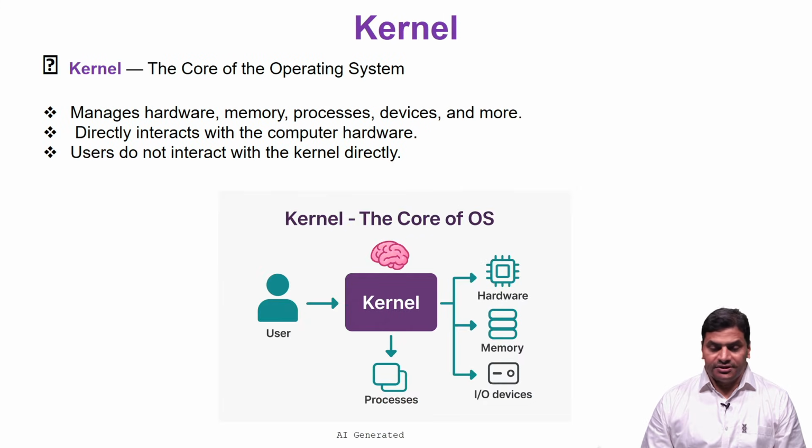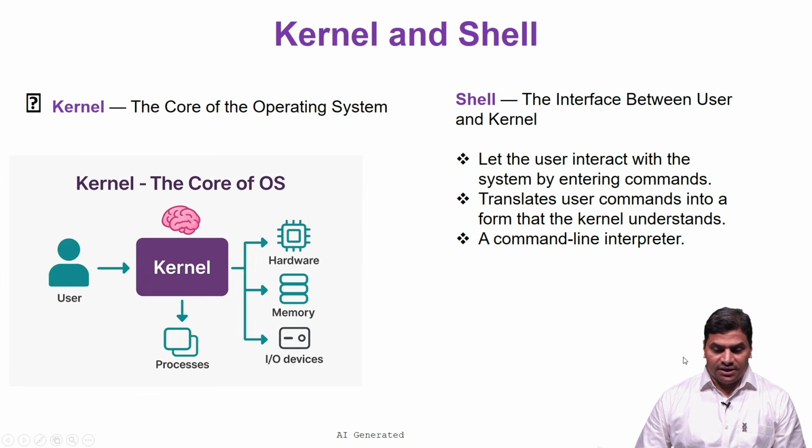Now I am going to explain another term which is very important to understand, that is called the kernel. You can think of the kernel as the brain of your operating system. The kernel manages your hardware, memory, different processes and devices, directly interacts with hardware, and also gets input from users. Kernel and shell are two different terms, and it is very important to distinguish between them.